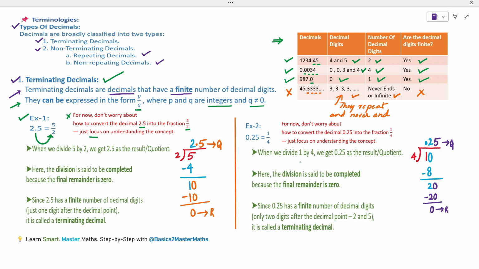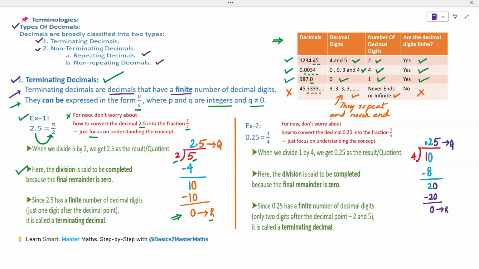First point, observe here, when we divide 5 by 2, we get 0 as the final remainder. So, you can say the division is completed in this case.